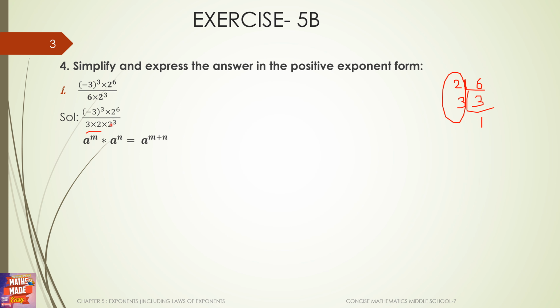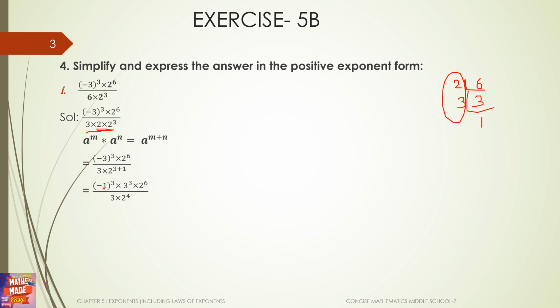Now it is in the form of a to the power of m into a to the power of n. Look here children, this number. This is in the form of a to the power of m into a to the power of n. Since here for this it is nothing, only 2, you can imagine it as 1. So 3 plus 1 becomes 4.